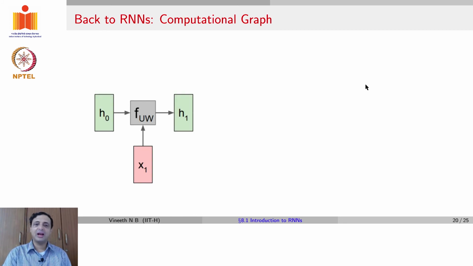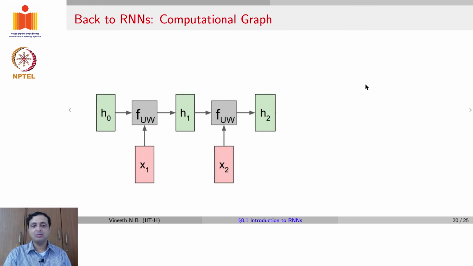Now coming back to RNNs, since RNNs are slightly complex, let's try to view RNNs from the point of view of computational graphs. So given input x1 and h0, the input is given to f_UW, which is what we talked about earlier, and f_UW outputs h1. Then h1 and x2 go to f_UW again, which is the same function that is evaluated at each time step, as we already mentioned.